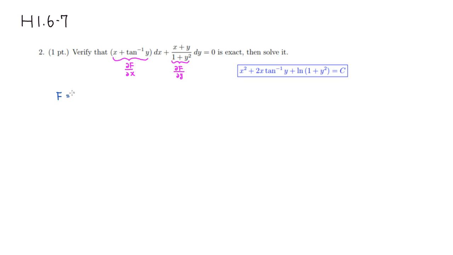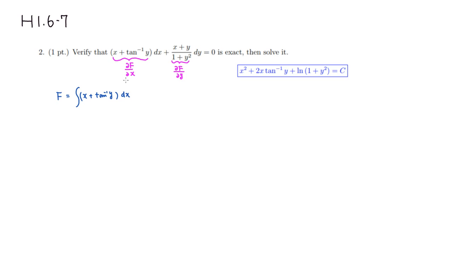So if you want to find the capital F, all you have to do is integrate this, x plus arctangent of y, with respect to x, because this is a partial with respect to x.